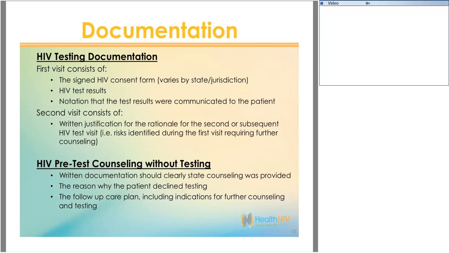Every time a patient comes in for that first visit, for those encounters where you will be doing any type of HIV testing, you want to make sure that there's a consent form in the record, and it varies state by state regarding the content and the type of form. But if you go on to your local Medicaid agency's website, they should have a template that they provide to give you some guidance to use.